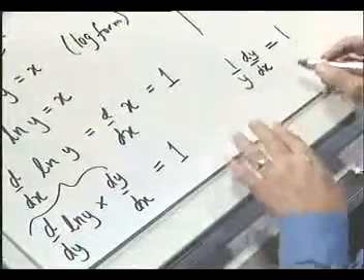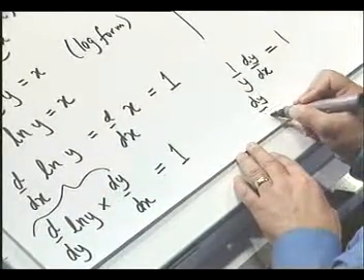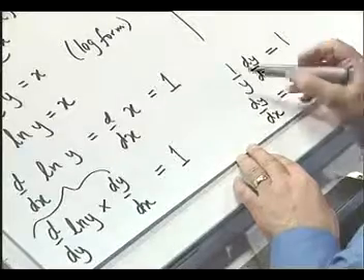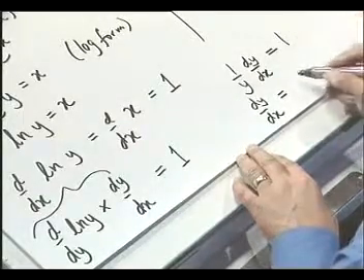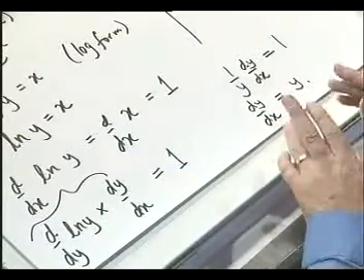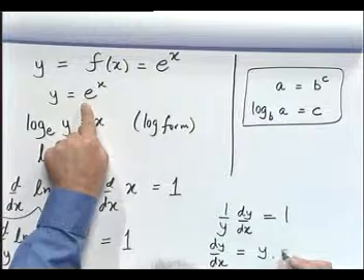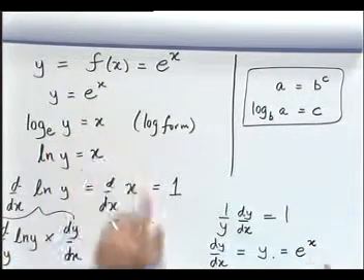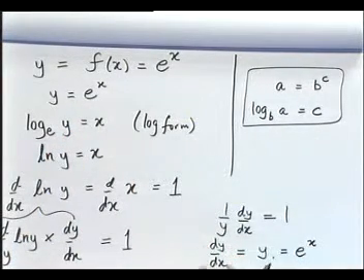So rearranging all this, dy dx will equal just y times 1, which is just y. But y is e to the x. So we've shown that dy dx is e to the x.